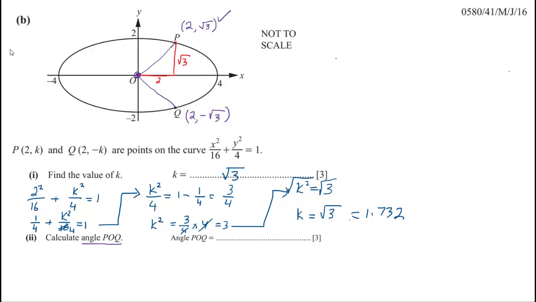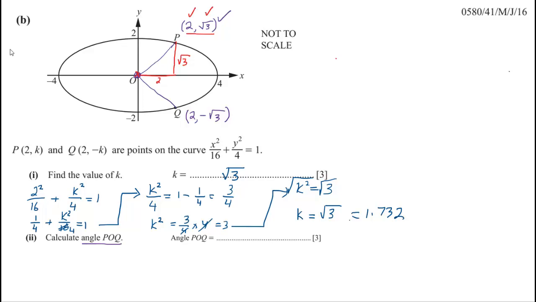So how did you find this coordinate? You move from the origin 2 steps to the right, and then you move a length of under root 3 on the top, and then you reach point P. So this is how we found the coordinate.